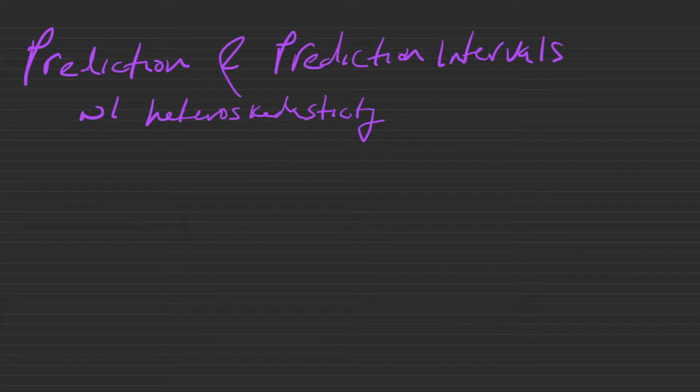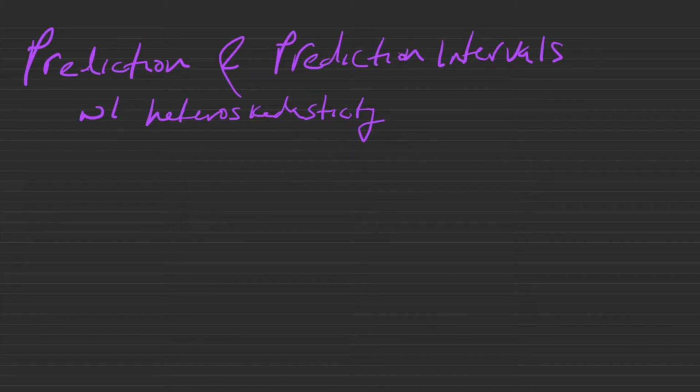In this video we're going to discuss prediction and prediction intervals with heteroskedasticity. If we want to get a predicted value, we would do that as usual: plug in the values for x of interest and you get the predicted value of y. However, if we have heteroskedasticity, we have to keep in mind that the prediction interval is a function of the standard error, and the standard error depends on the nature of the conditional variance.